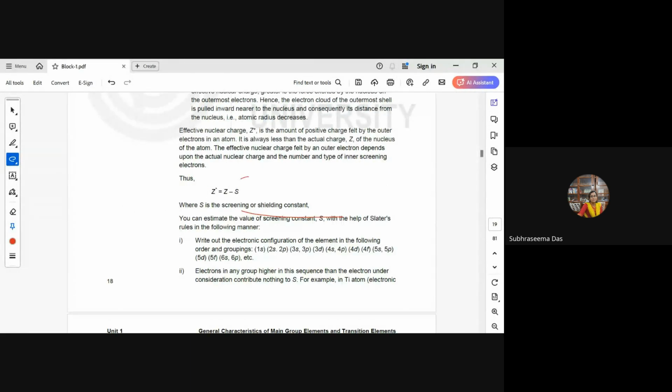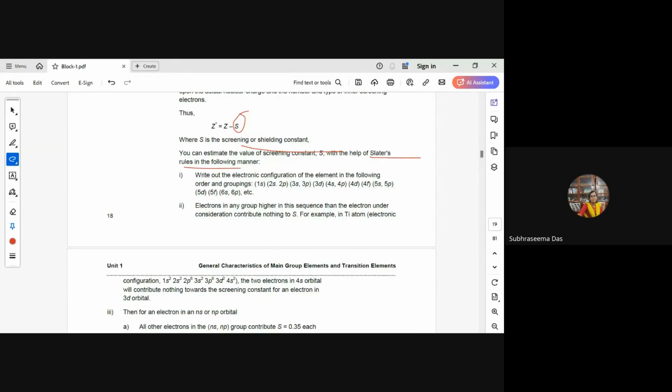The calculation of the shielding constant or screening constant is done with the help of Slater's rules, by applying certain rules. For the determination of S, we first need to write down the electronic configuration of the element under consideration.